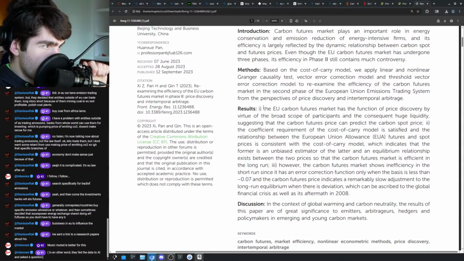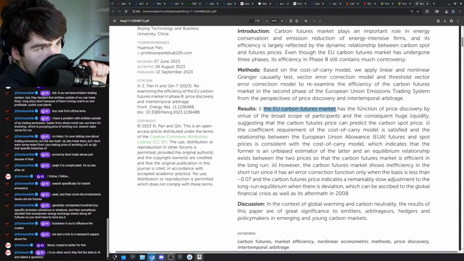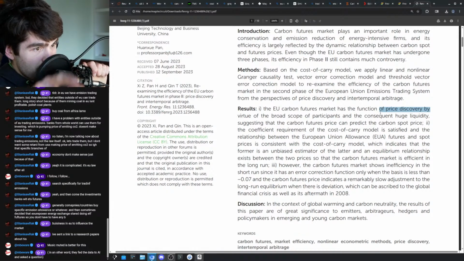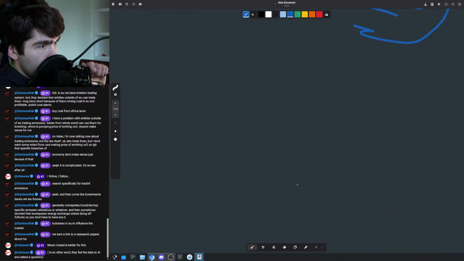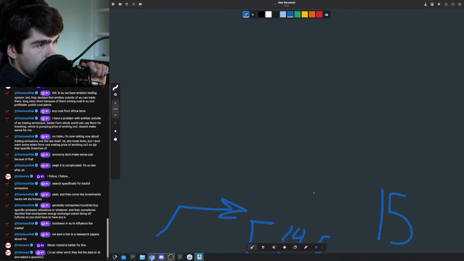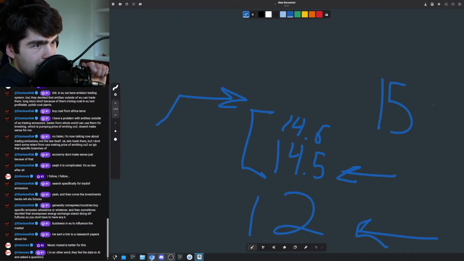So here, let's just divide this. Here they're talking about the future market. What's the function of the future market? Price discovery. So essentially trying to get the price of a thing. By virtue of the broad scope of participants and the consequent huge liquidity. So because there's a lot of people that are playing in it, and because there's a lot of money going in it, we're making a reference to the fact that our spread is not insane.